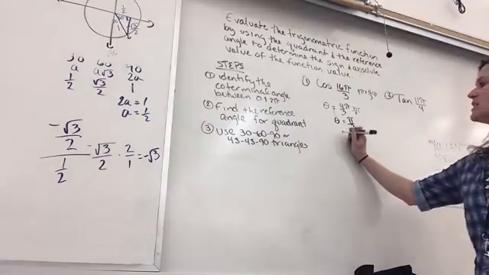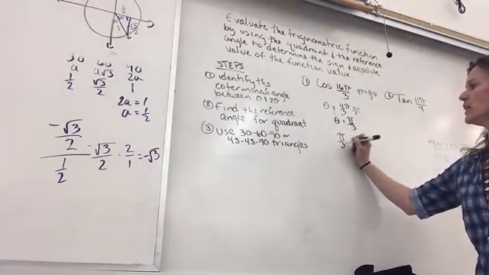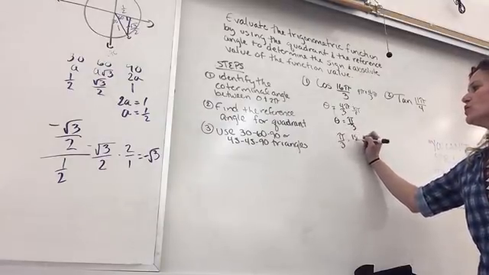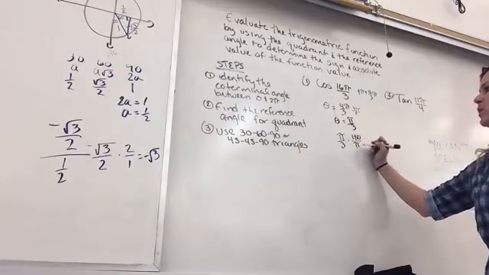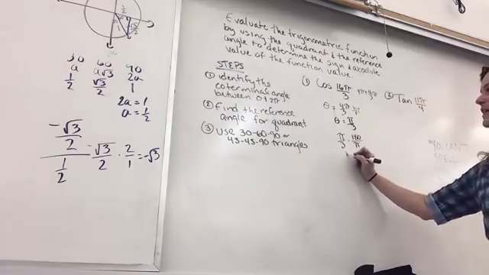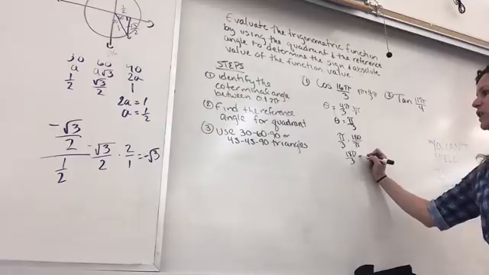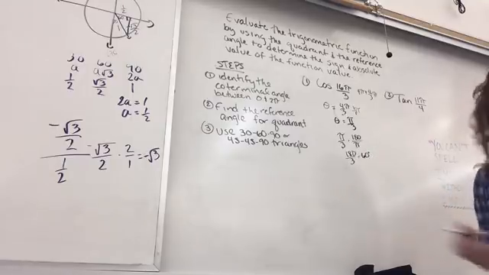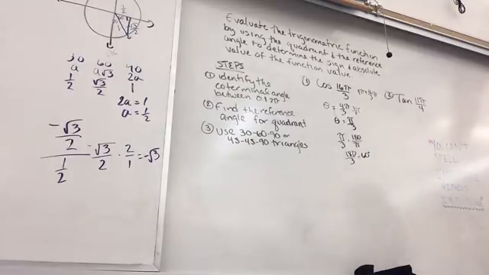I can change this, the pi over 3, to degrees by multiplying it by 180 over pi. So that gives me 180 divided by 3, which is 60 degrees. So now that we have our degrees, we know that it's 60 degrees, so I know I need to use a 30, 60, 90 degree triangle.